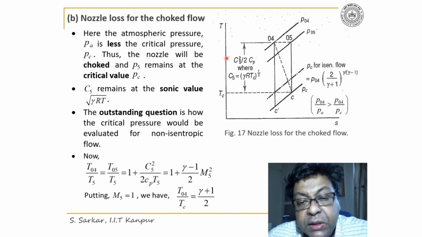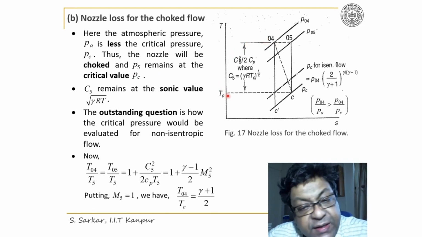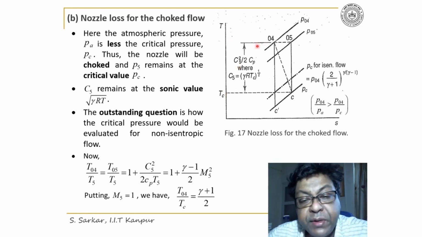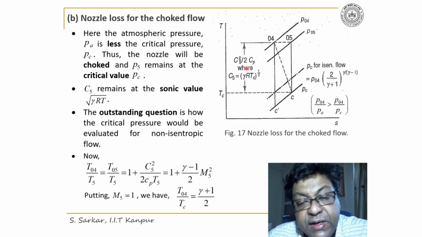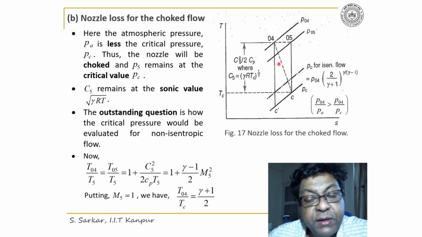Now the T04, which is equal to T05, can be related with Tc by C5. That means what I like to say is that T04 minus Tc is equal to C5 squared divided by 2 Cp.